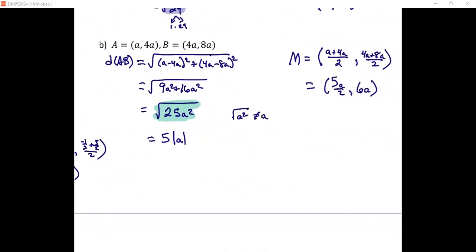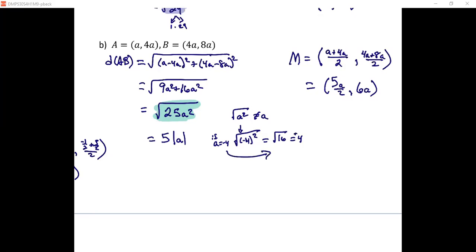The reason for that is what happens if a is negative 4. We know that negative 4 squared is 16. So the square root of negative 4 squared is the square root of 16, which is 4. Now, if a equals negative 4, then the square root of a squared is positive 4, not negative 4.